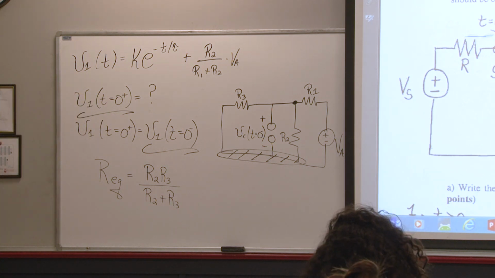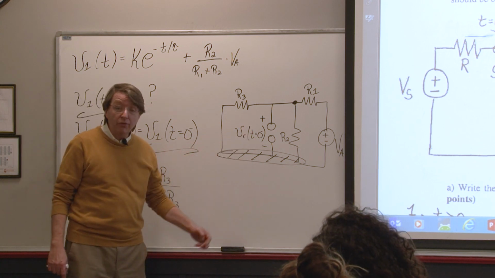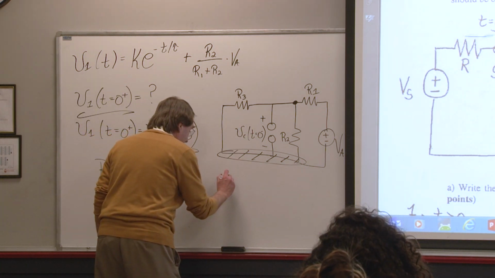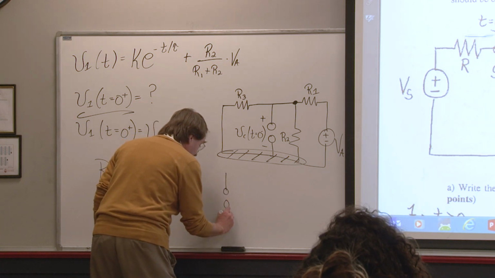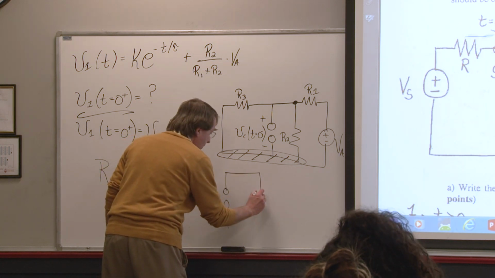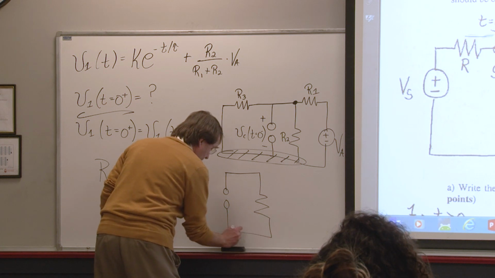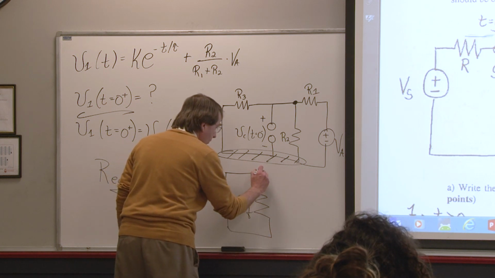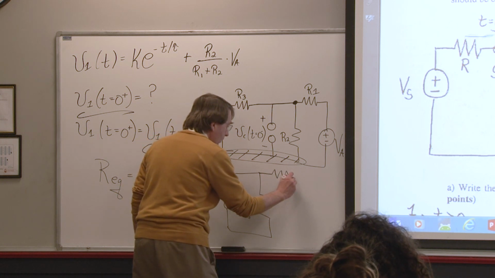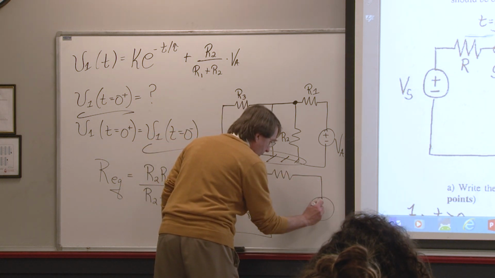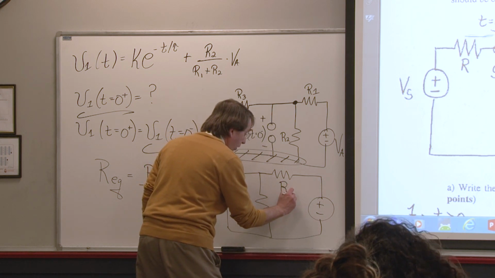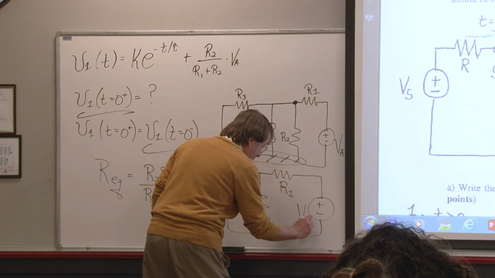So I no longer see two resistors, R2 and R3. I see one resistor. So now what I have is: this is the capacitor, this is REQ, and this is R1, and this is VA.